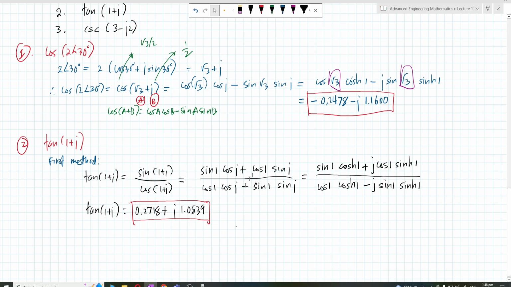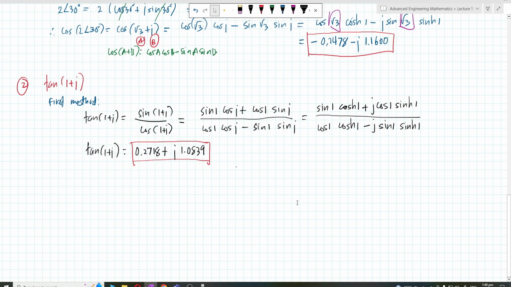So, guys, let's check this by using the second method. If you know many trigonometric functions or identities, it is much better, because you can check your answers. So, the second method is like this. We should know the formula for the tangent of a plus or minus b.